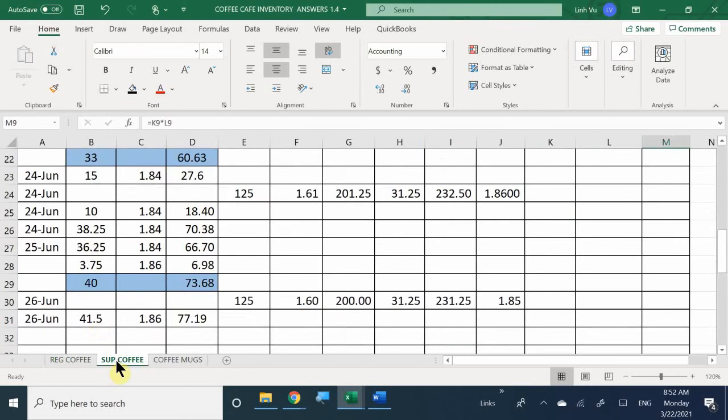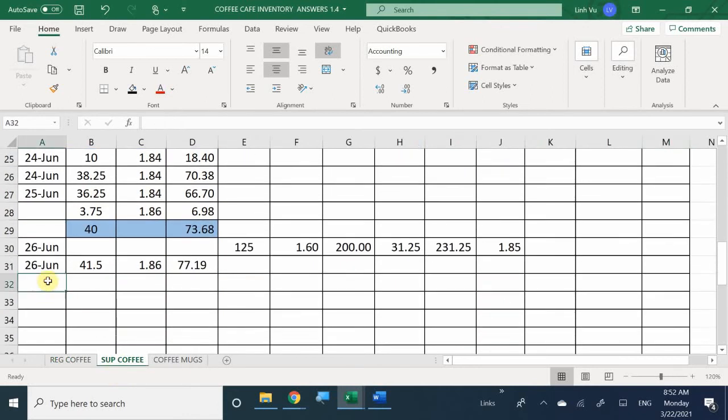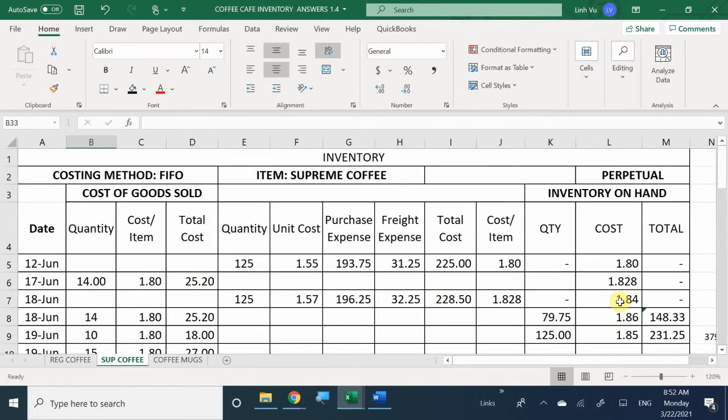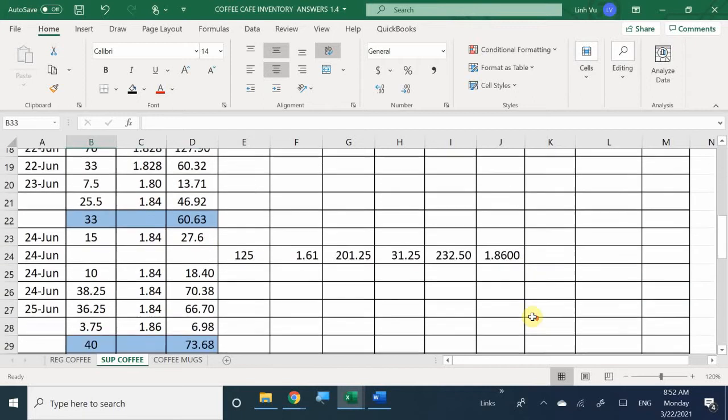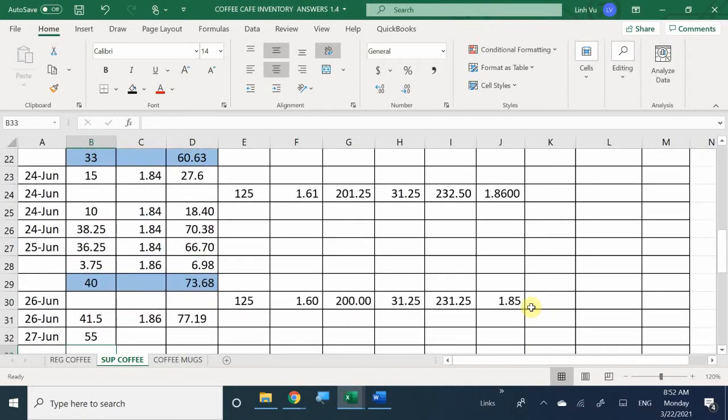Okay. Supreme Coffee. How much Supreme Coffee did we sell? 55. We sold 55. So let's look at our batches. So we have 2 batches left. Right? Can we take all of 186? Yes, we can.